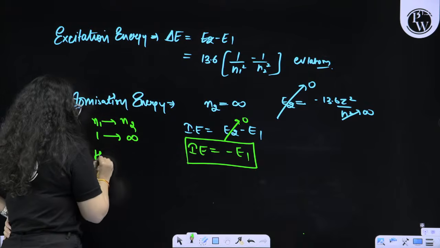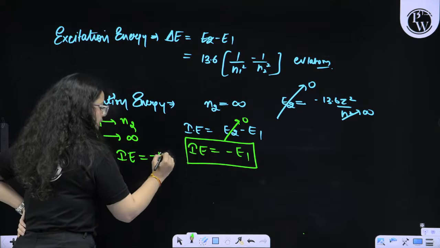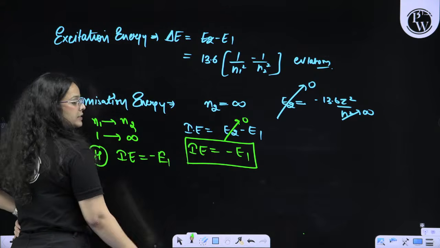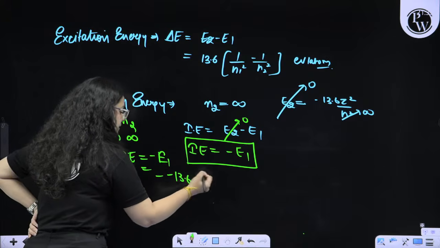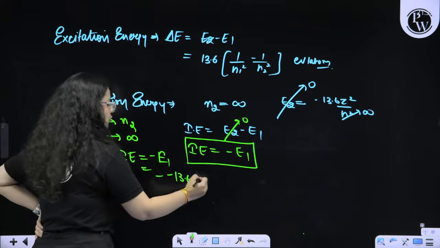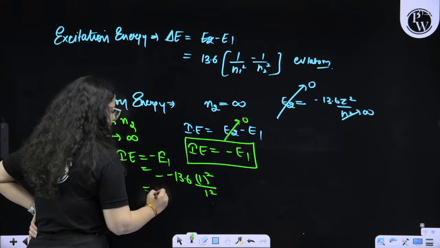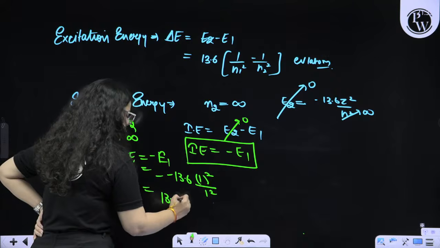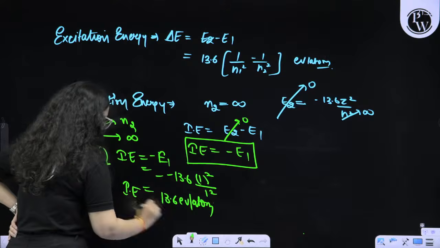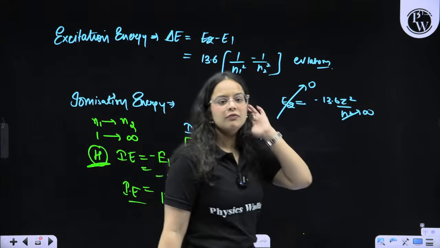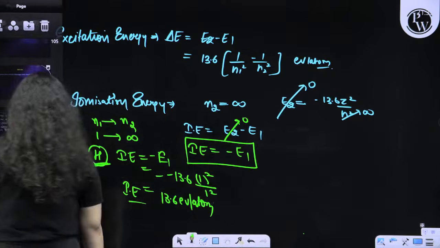For hydrogen, ionization energy will come out to be minus the energy of the first state, that is minus of minus 13.6 z square by n square, which for hydrogen is 1 square only. So we get the answer 13.6 electron volt per atom. This is the ionization energy for the electron of hydrogen. This is how we get the formula.